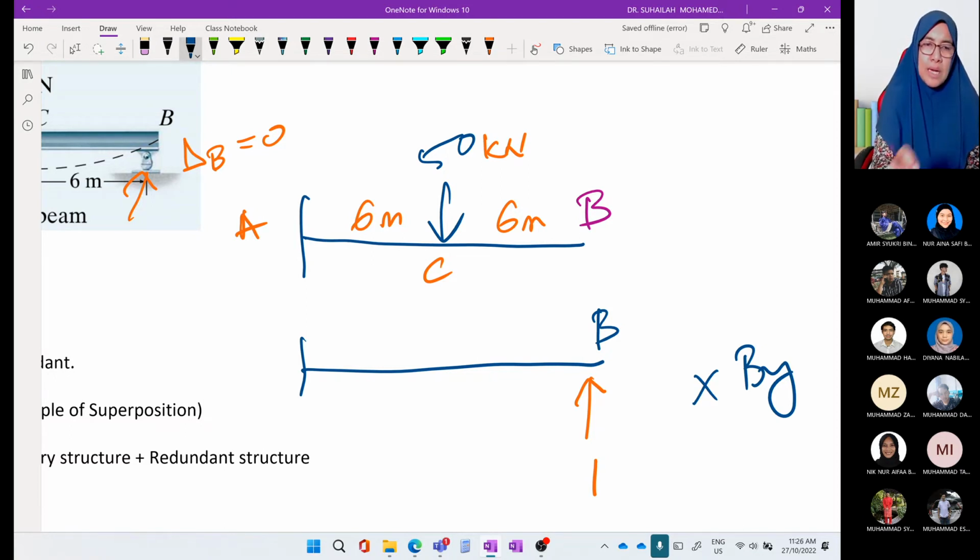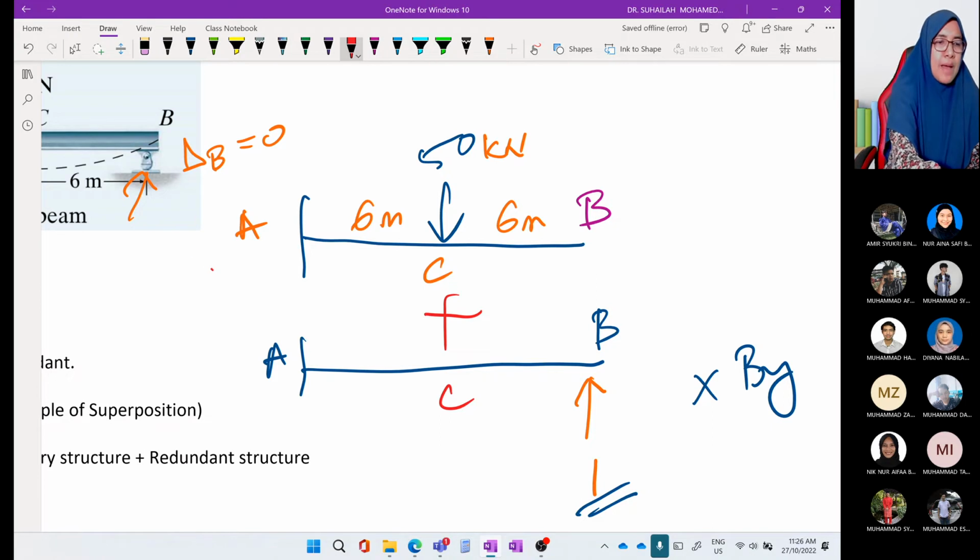Now we are going to analyze a system, a determinate beam, a cantilever beam subjected to a unit value. So we have to remain A, C, B. Okay, so these are the two primary, two cantilever, two determinate beams. Okay, both are determinate, so we plus this, we get back to actual beam.